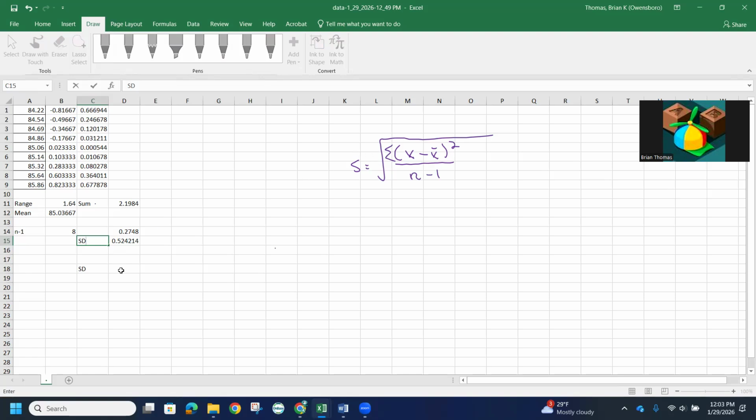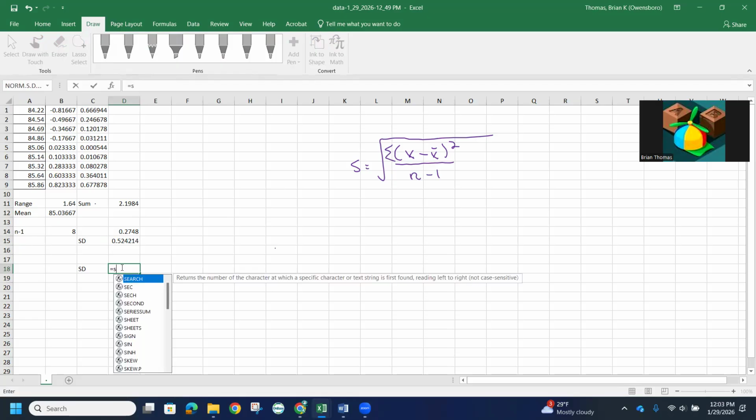Now, instead of doing all that, I should be able to just simply say equals. And there should be a standard deviation button on this thing. So let's see if I can find this thing. Oh, it starts with S. This looks like it's ST. Now we have this DEV.P, DEV.S.